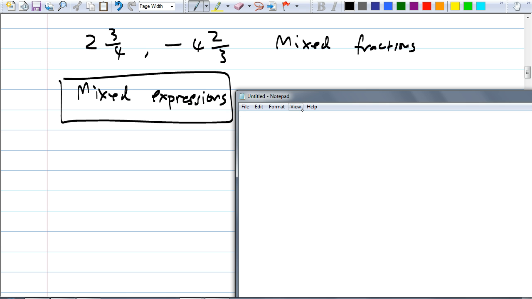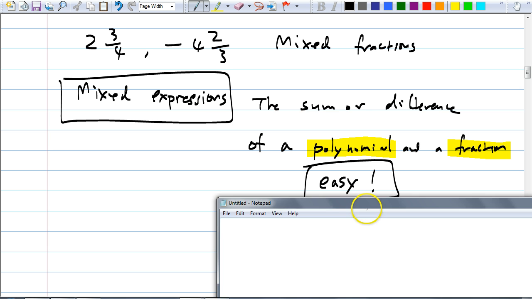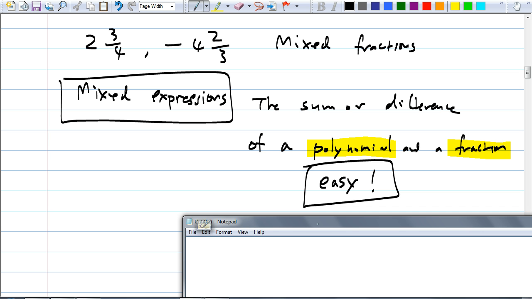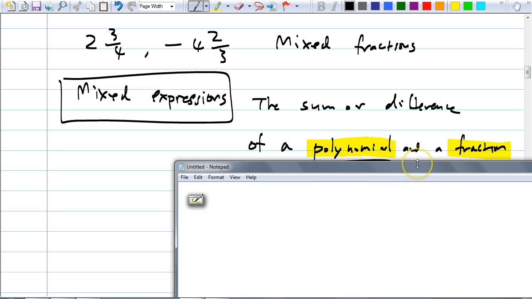It's basically the sum or difference of a polynomial and a fraction. If you have a polynomial plus or minus another fraction, that's what a mixed expression is.